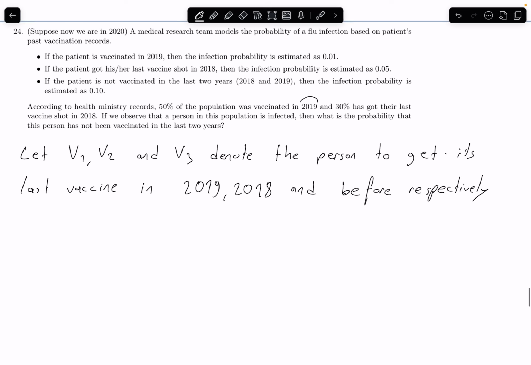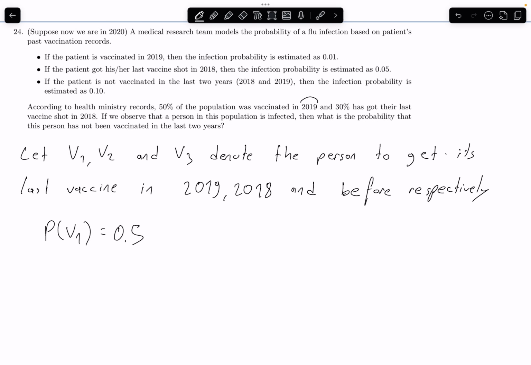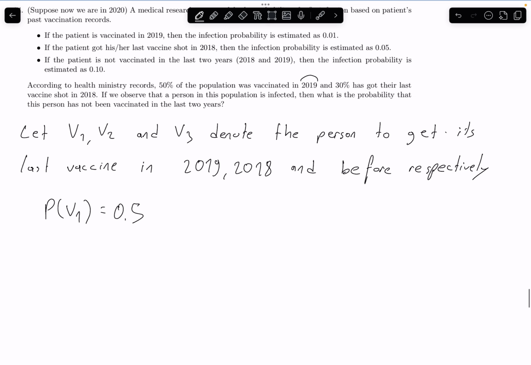So the information is already given. The probability of V1 is 50%, as you can see in here, 50% of the population was vaccinated in 2019, which is 1 year before 2020.